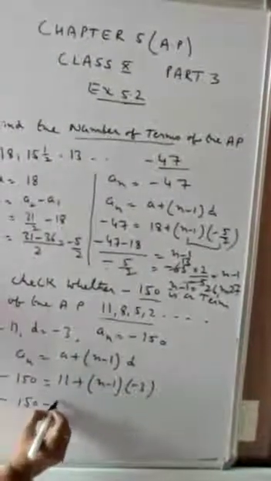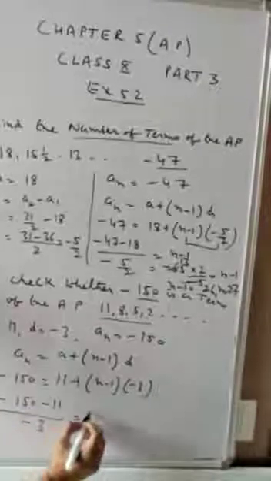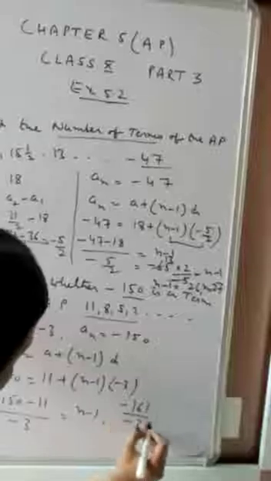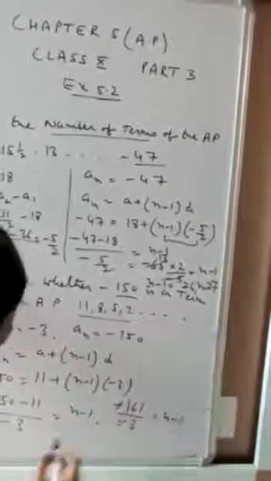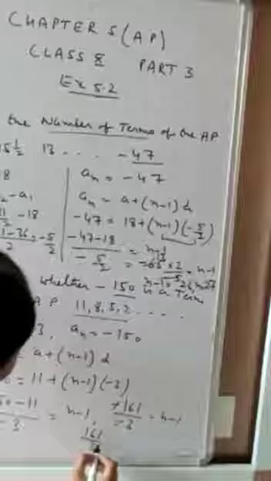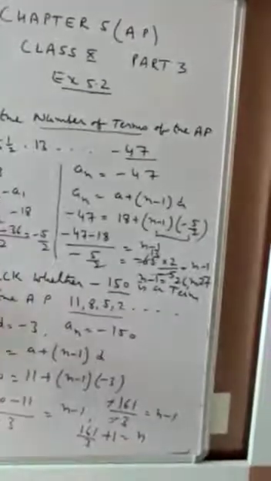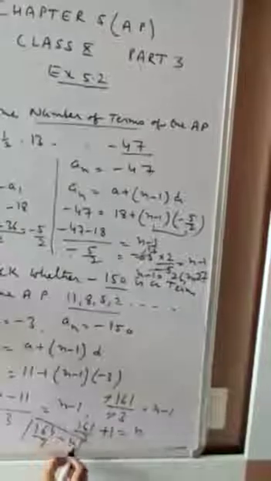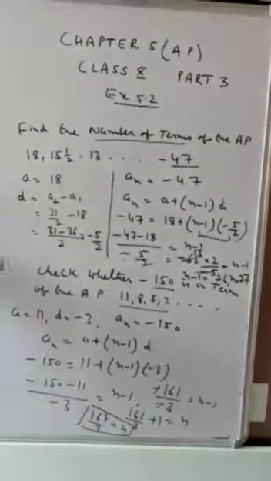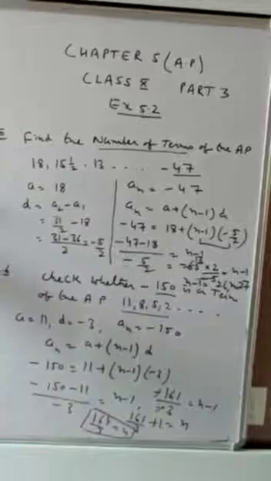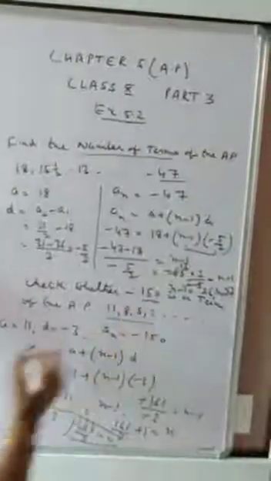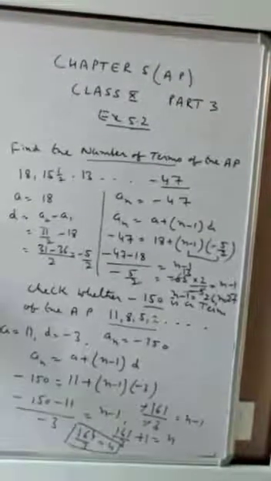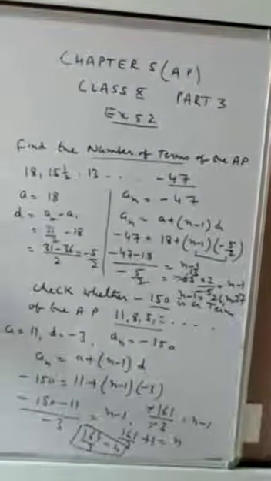Minus 150 minus 11 is minus 161, divided by minus 3. So minus cancelled, 161 by 3 plus 1. Now n is a fraction. If n is a fraction, it can't be any term of the AP. It means minus 150 is not any term of the AP. For any term of the AP, n should not be a fraction.